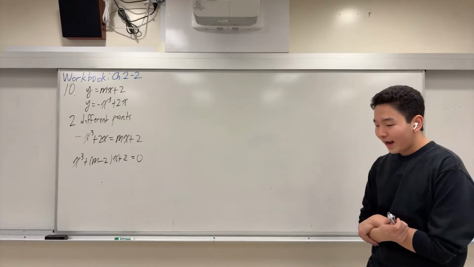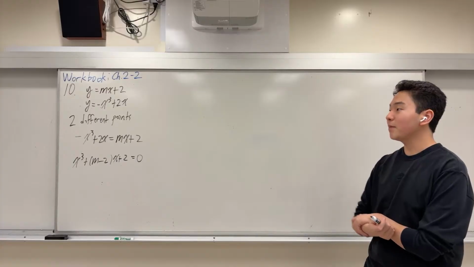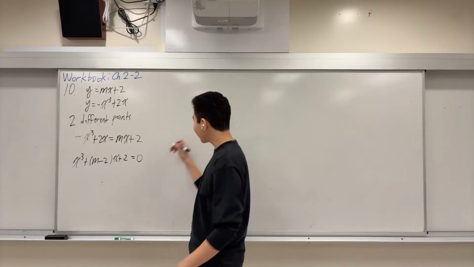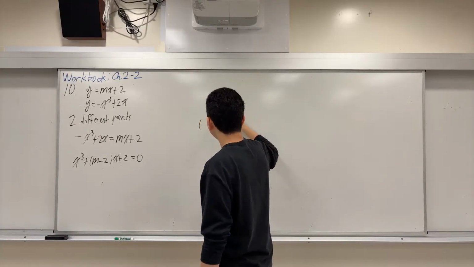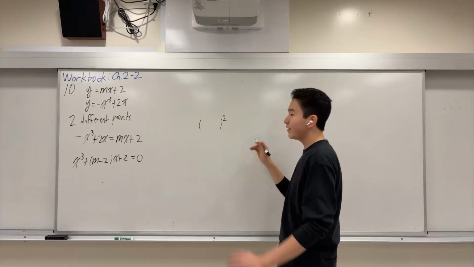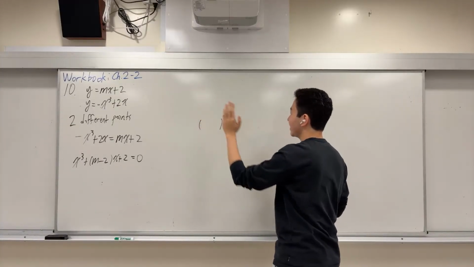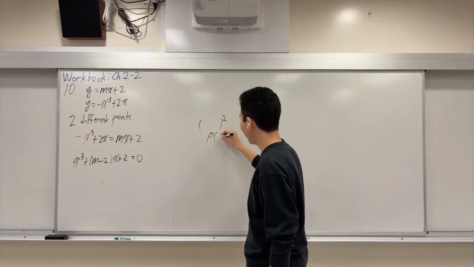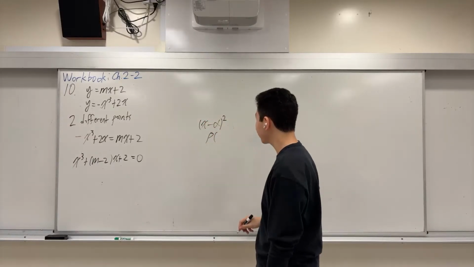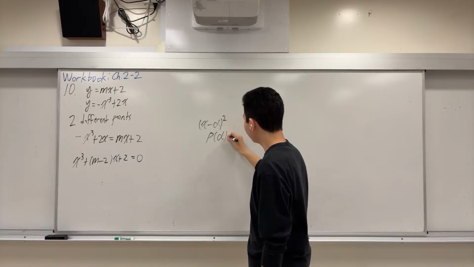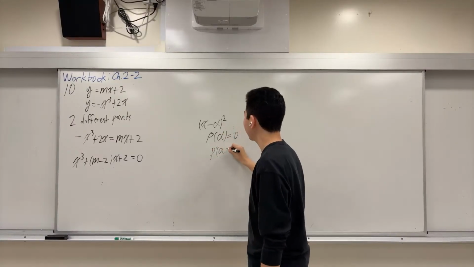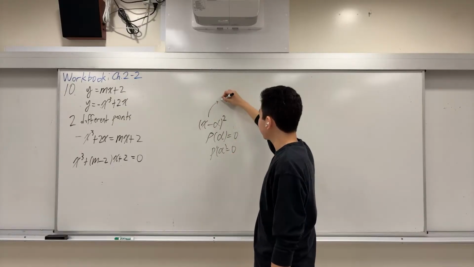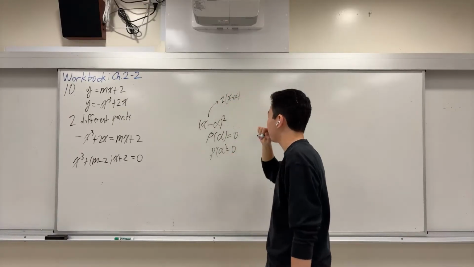So we have to go back a chapter and remember that there was a unit in differentiation where knowing that some polynomial equation had something squared in it told us that if we take whatever's in here and set it to 0 and plug that number back into the polynomial, then, let's say if this is (x minus alpha) squared, the polynomial will have p(alpha) equals 0 and p prime(alpha) equals 0, because if we take the derivative of this, it's going to be 2 times (x minus alpha) with the chain rule.